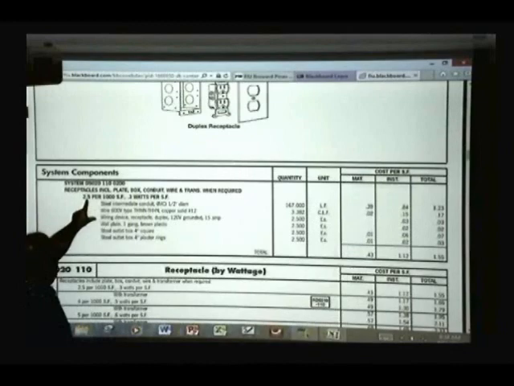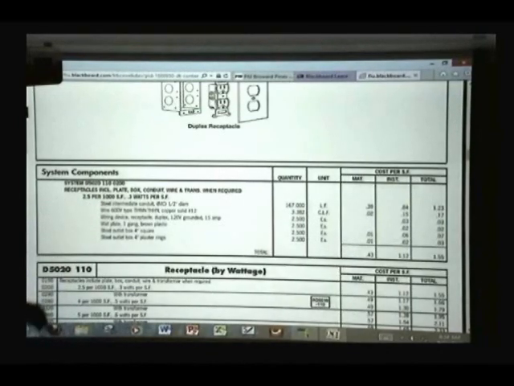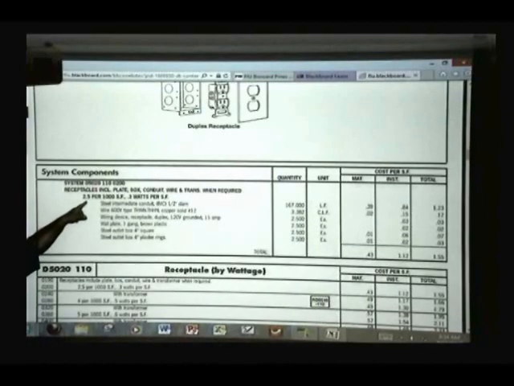So we need to count how many receptacles we have, figure out how many receptacles we have per 1,000 square feet, and then use the right line. If we have more than 2.5, we need to go down and look. Here we have 2.5, 4, 5, and so on.